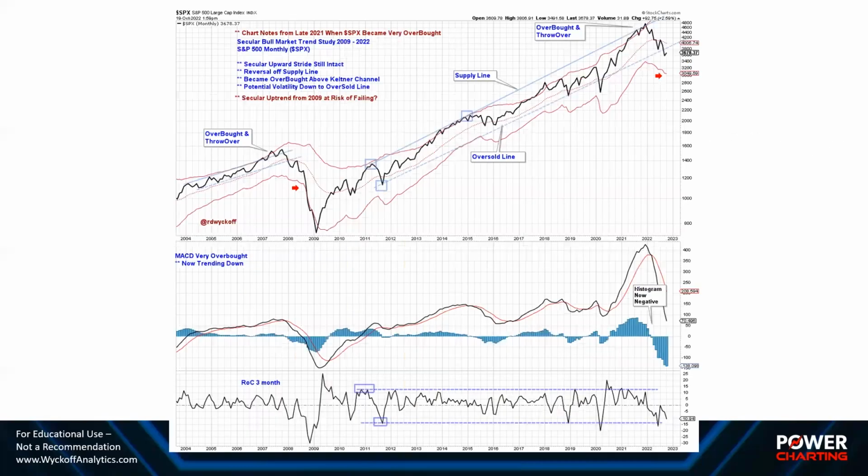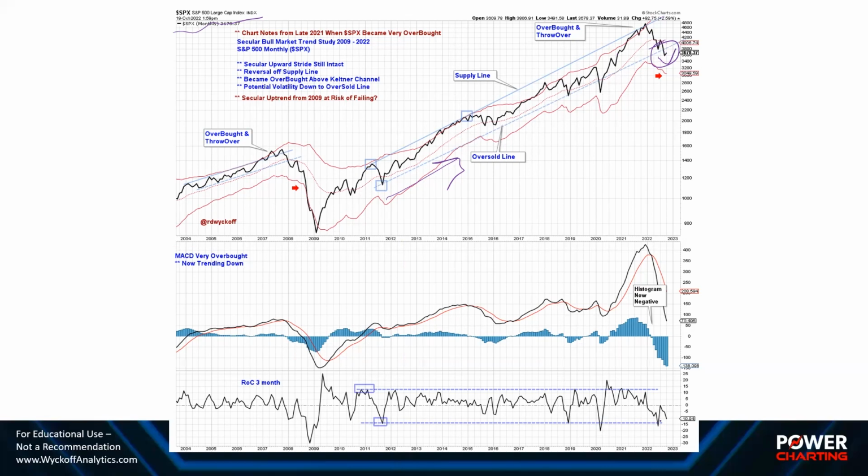Now, you've seen this chart a number of times. This is a trend chart. And here, this is just to show on the S&P 500 that we continue to be just below the secular bull market trend, which is at risk at this time. And we want to see if it can get back up into this area.